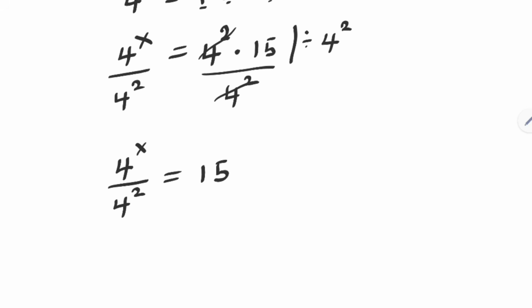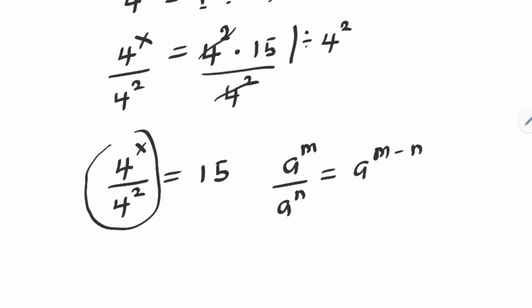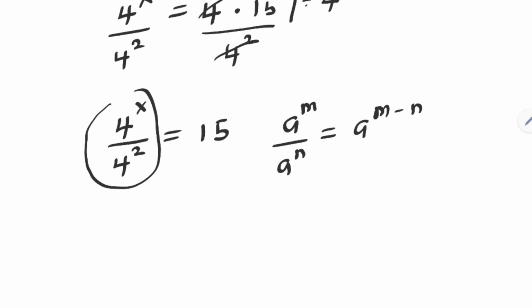Take note of this, that if you have a raised to power m over a raised to power n, this is equal to a raised to power m minus n. Then this can be written as 4 raised to power x minus 2 is equal to 15.